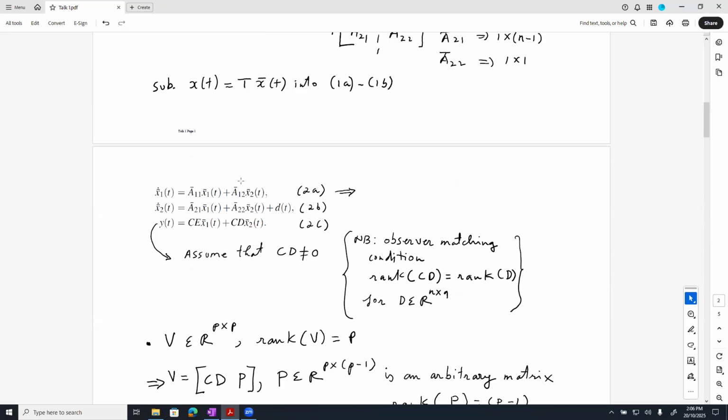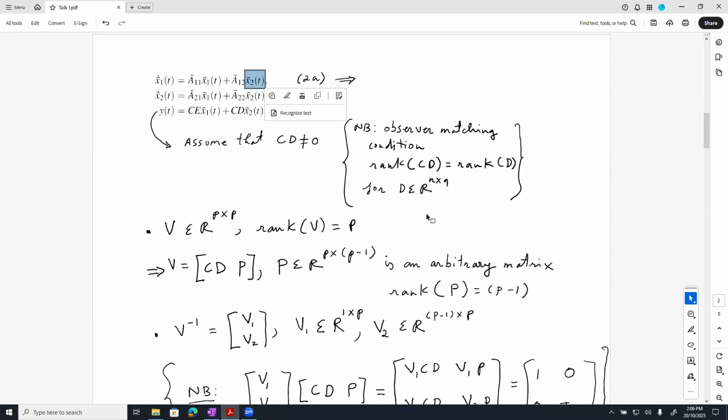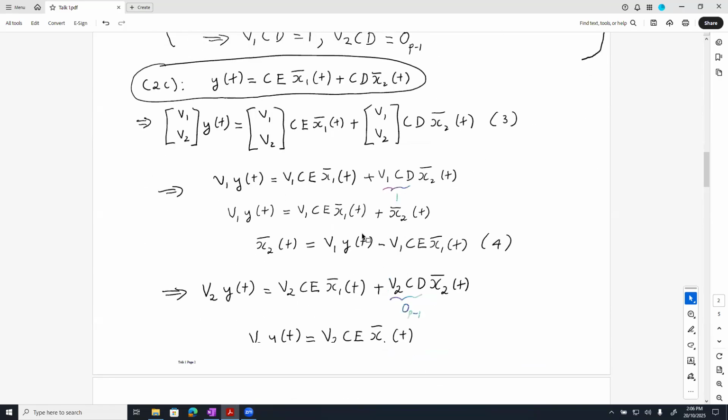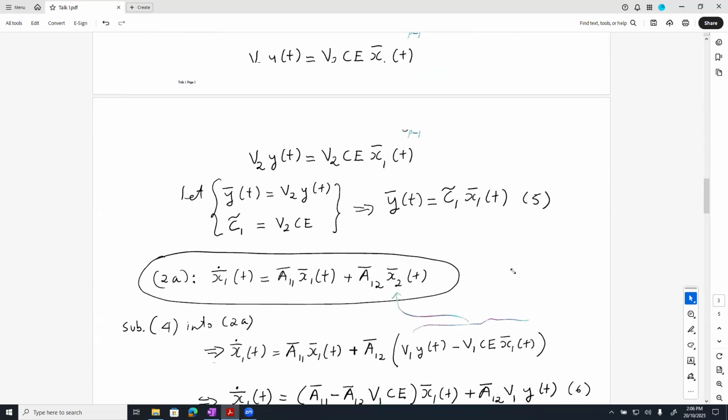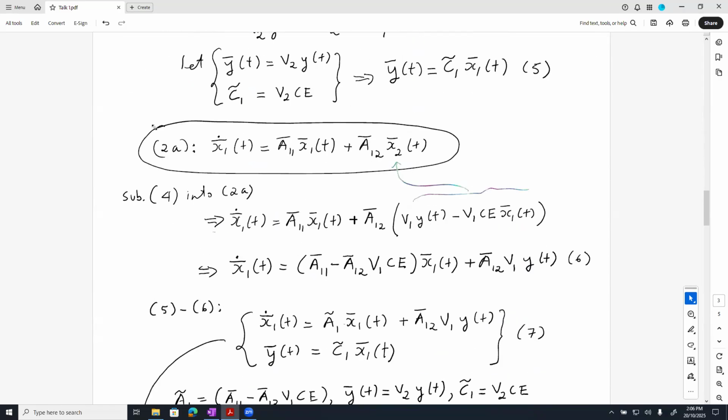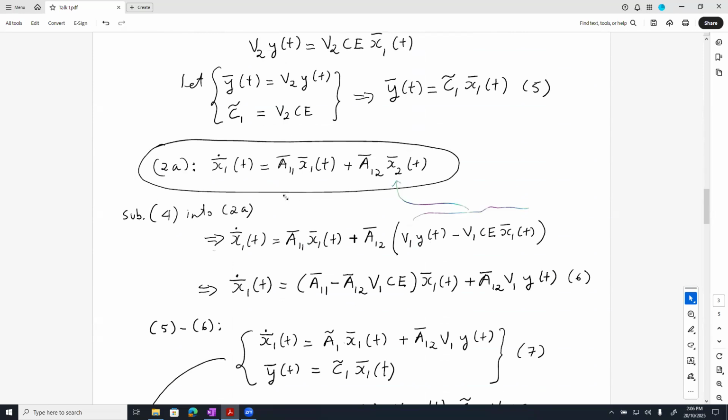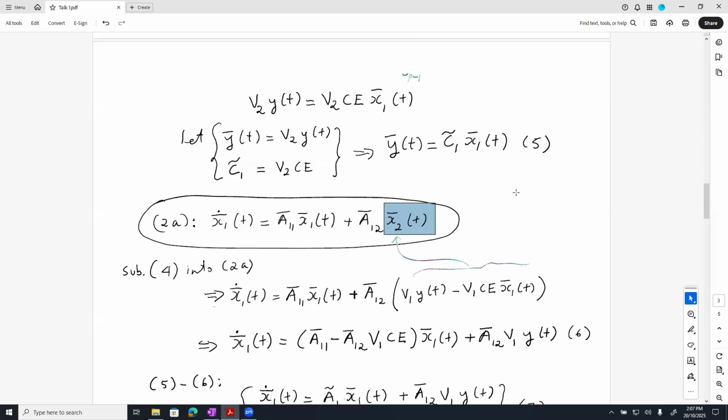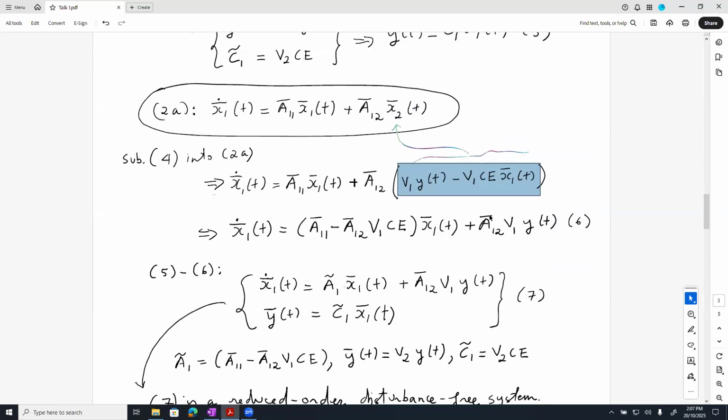We substitute x2 bar from this equation 4 into equation 2a. This is exactly what we do in here. We substitute equation 4 into equation 2a. So that term there is now replaced by equation 4. And then we rearrange it.